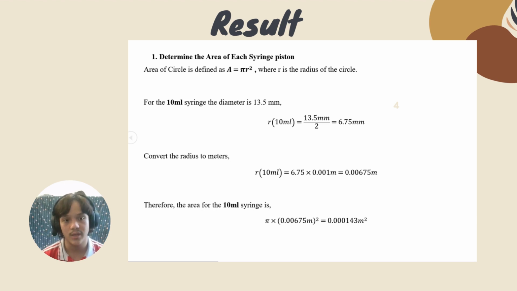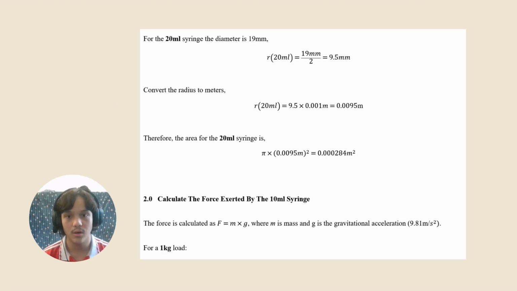For our case, we use the area of a circle because the shape is a circle. For the area, we use pi r squared, and then we will get the answer, which is 0.0000143 meters squared.